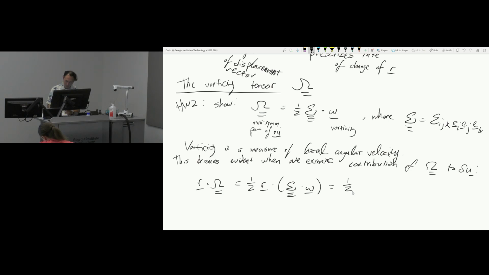This is a good time for you to practice and simplify this for me. Let's break for two minutes. You want to pull this into index notation, and then pull it back to vector notation.